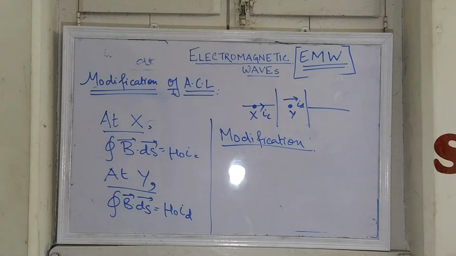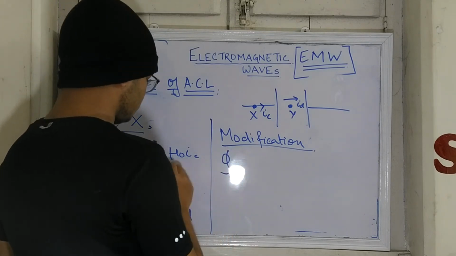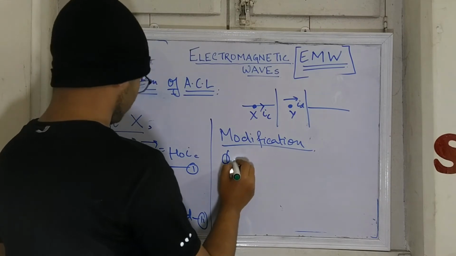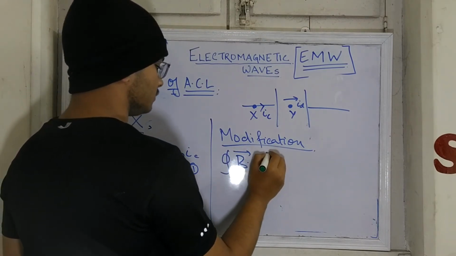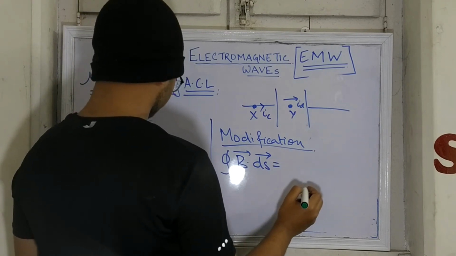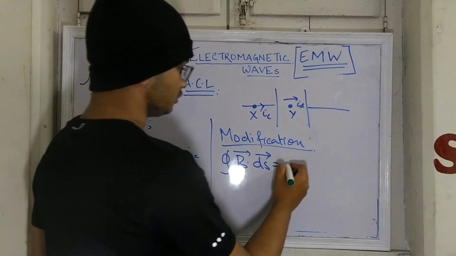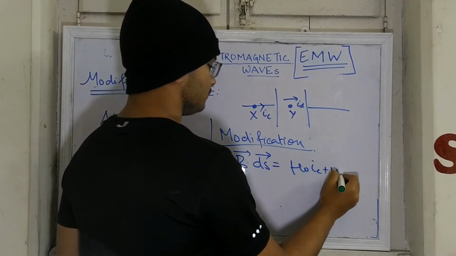Okay, now I will do the net modification which was performed by Maxwell. Maxwell did nothing, Maxwell just added up the two equations. Here was my 1, this was my 2. So B vector dot dS vector equals mu 0 IC plus mu 0 ID.